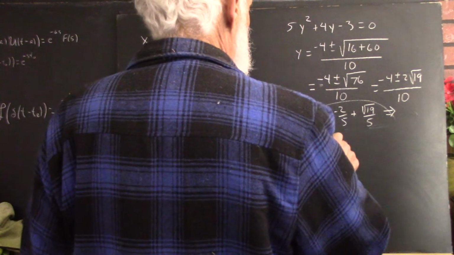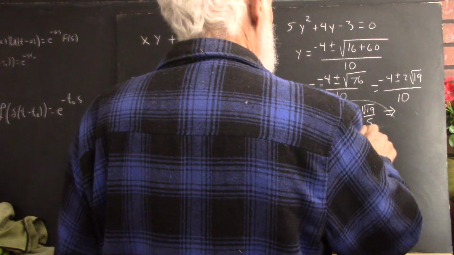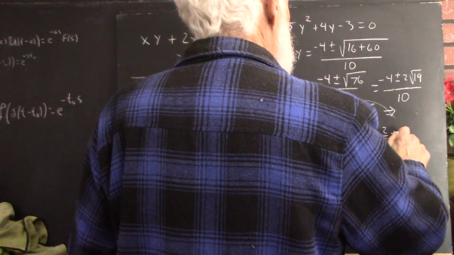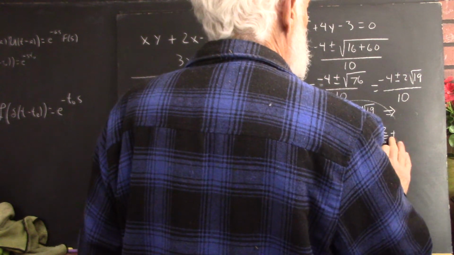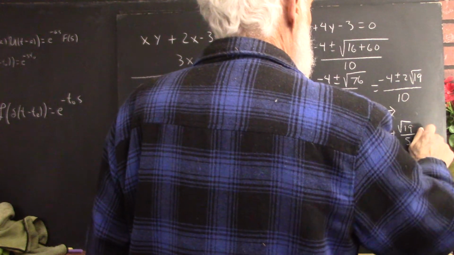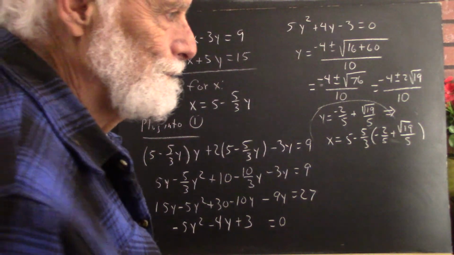And I'll say, okay, that x equals 5 minus 5/3 of negative 2/5 plus square root of 19/5.